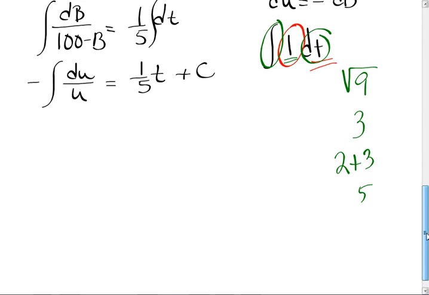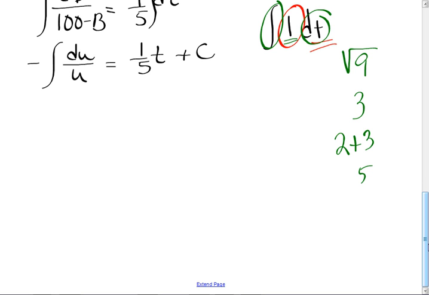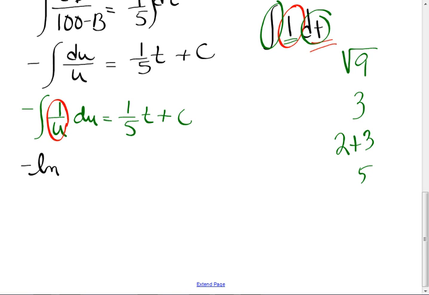So when you do this other one here, and I will rewrite it, it's 1 over u du. This is saying find the antiderivative of that function. What's the antiderivative of 1 over u? The log of u, minus the log of u. Let's go ahead and put u back in.